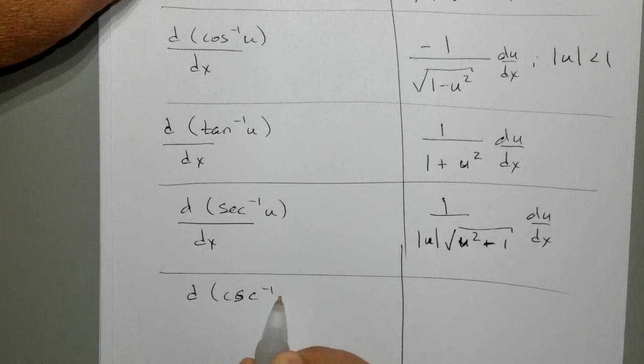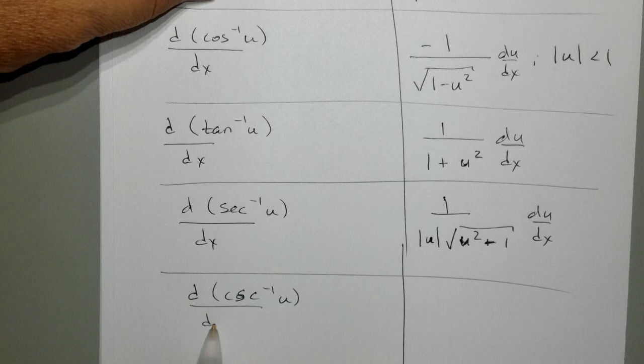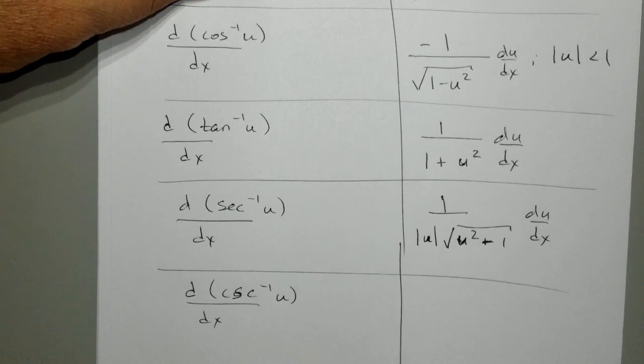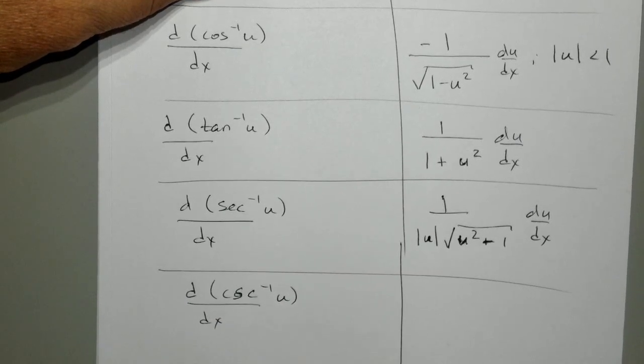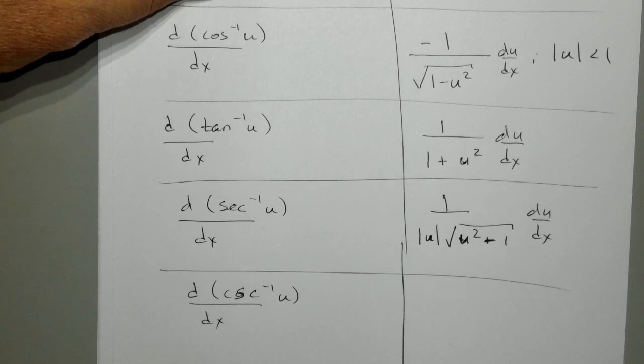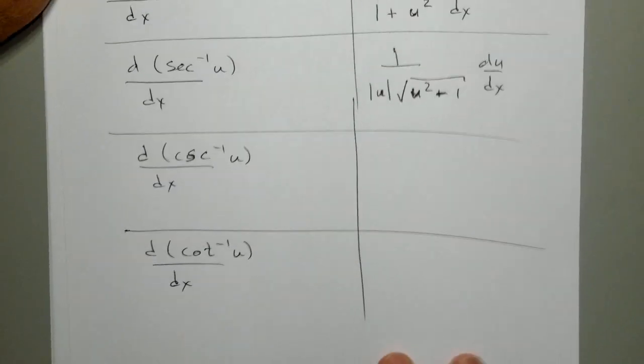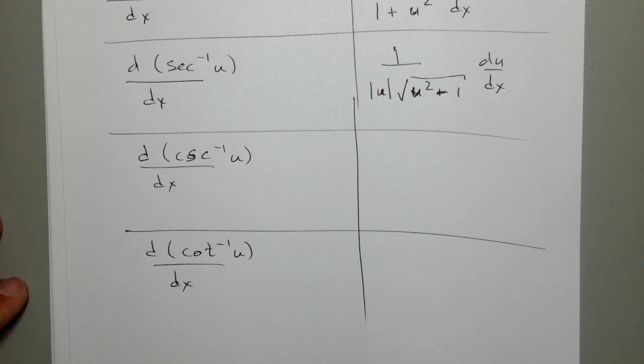Secant inverse. We didn't do this one, and we didn't do the cotangent one. But they're derived in a similar way as we did on top.